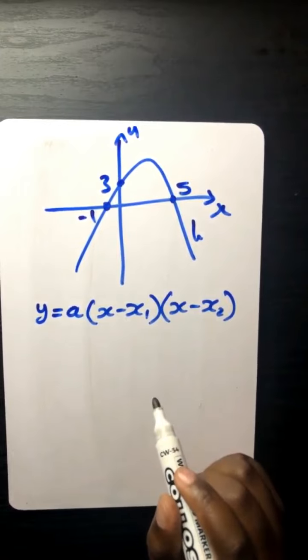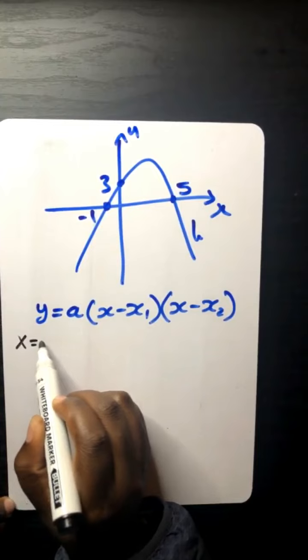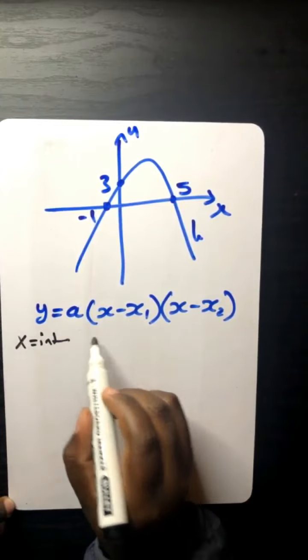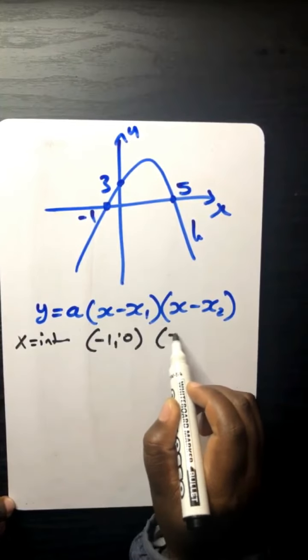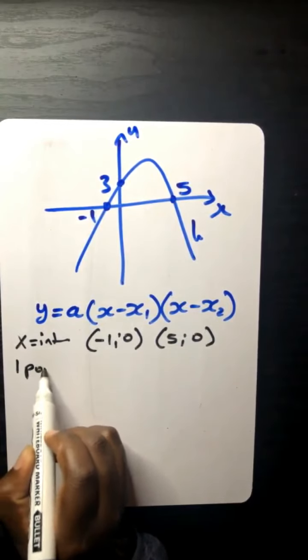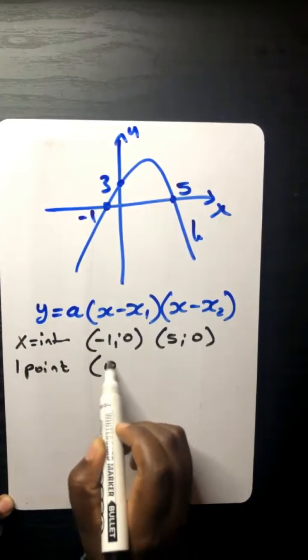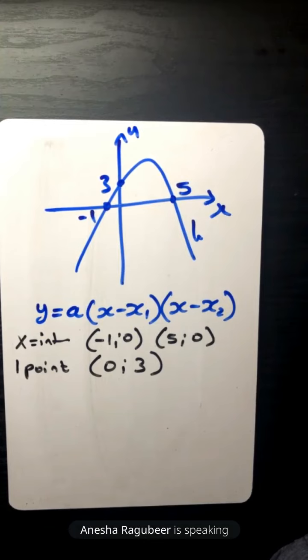So these are the x-intercepts that we have. Do you agree that we've got -1 and 0, and again we've got 5 and 0? And that 1 point, do you agree that we have 0 and 3? If you don't agree, then I will explain. But if you agree, I'm going to continue. I agree, sir.